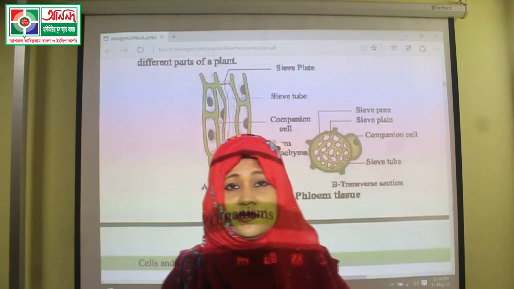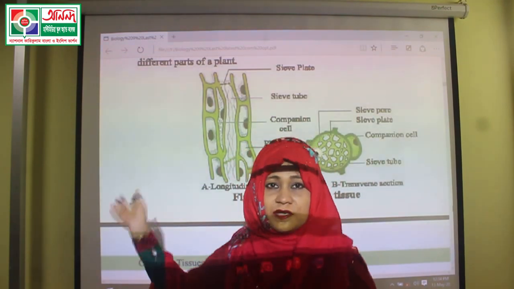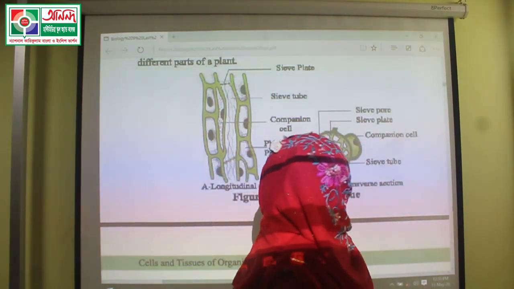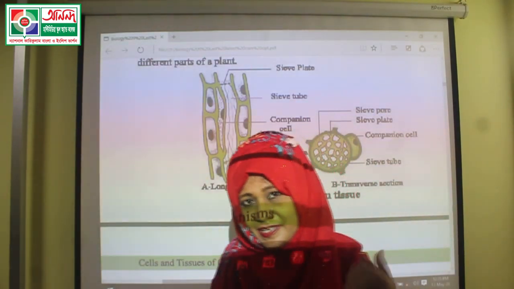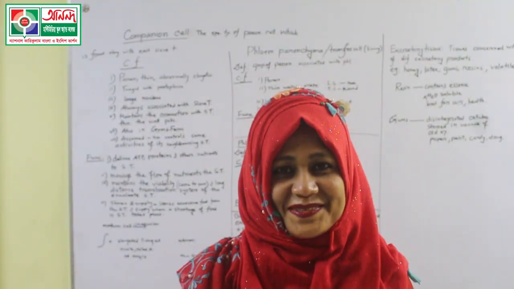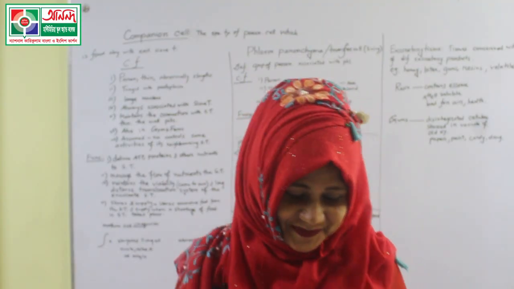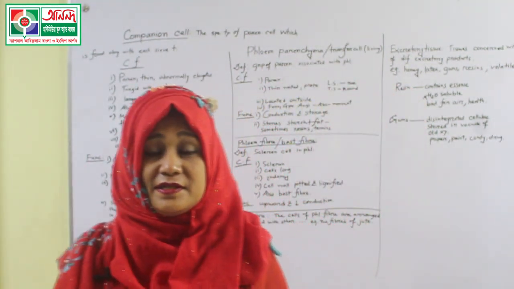Okay students, now we will discuss the characteristic features of the remaining parts of our previous lessons, that means the companion cells, the Phloem Parenchyma and Phloem Fiber. Now we will discuss the different parts of phloem. What is the sieve tube?